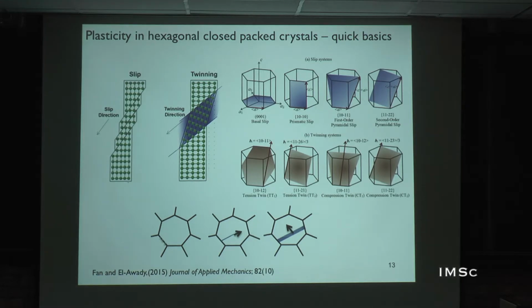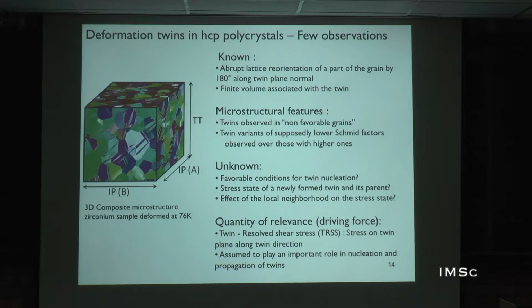We do not know under which conditions they form a nucleus, a lamella, that is big enough for it to grow. And once a twin forms, it even increases its volume with deformation. So it is not just the formation of the twin, but its evolution with time that makes it even more difficult. Okay, so that is the basic story.